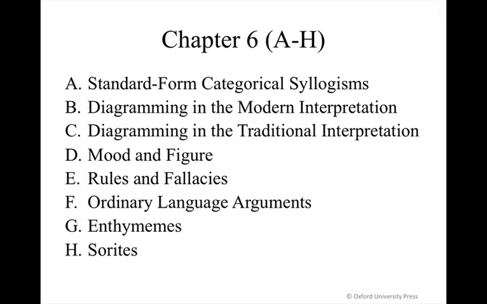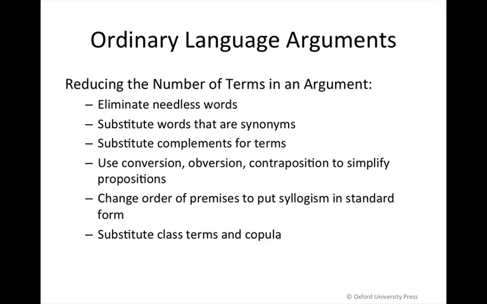So we already know from as far back as the beginning of chapter 5 that any sentence we rewrite into standard form for the categorical proposition is going to include a quantifier, it's going to reflect a quality, it's going to have a subject class, a copula, and a predicate class.